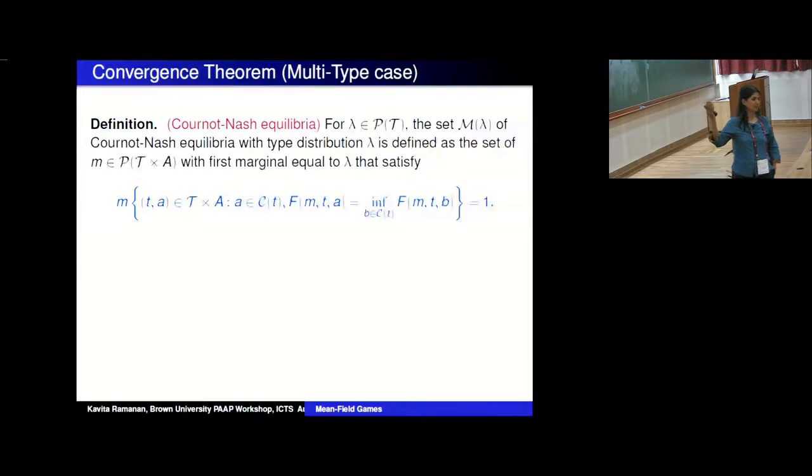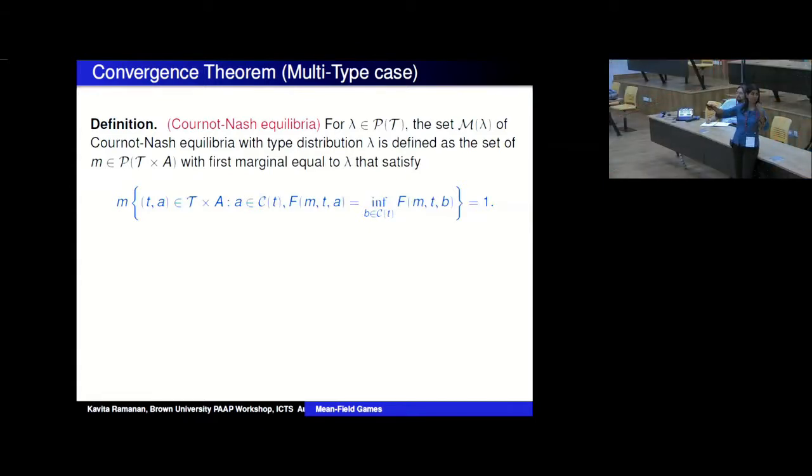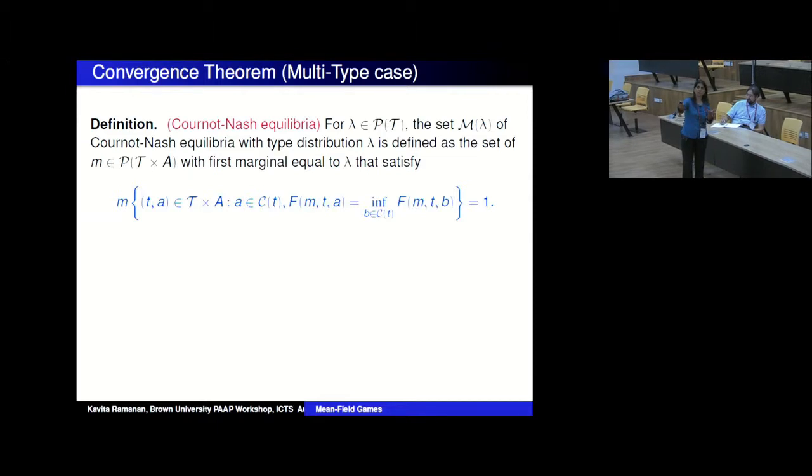So now the corresponding mean field equilibrium, which is now called a Coulomb-Nash, of course now depends on the type. So given a distribution of types lambda, the set of Coulomb-Nash equilibria associated with that type distribution is the set of measures on the joint type and action space such that the first marginal of this must be lambda, okay?